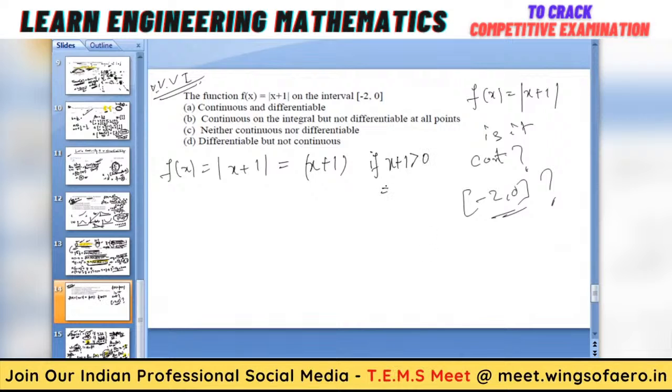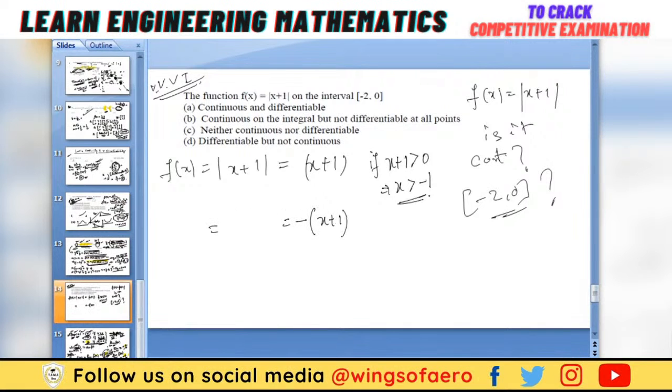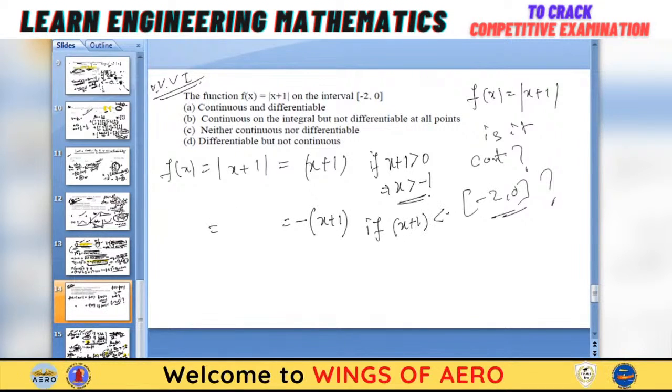X plus 1 greater than 0 means x greater than minus 1. It is equal to minus of x plus 1 when x plus 1 is less than 0, which means x less than minus 1.